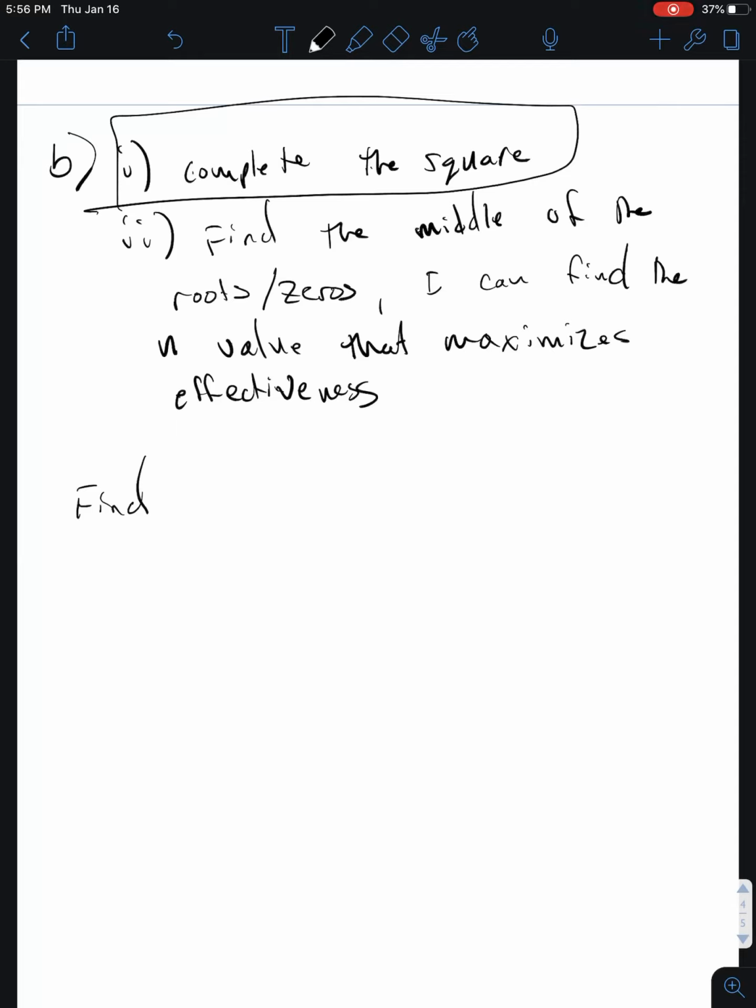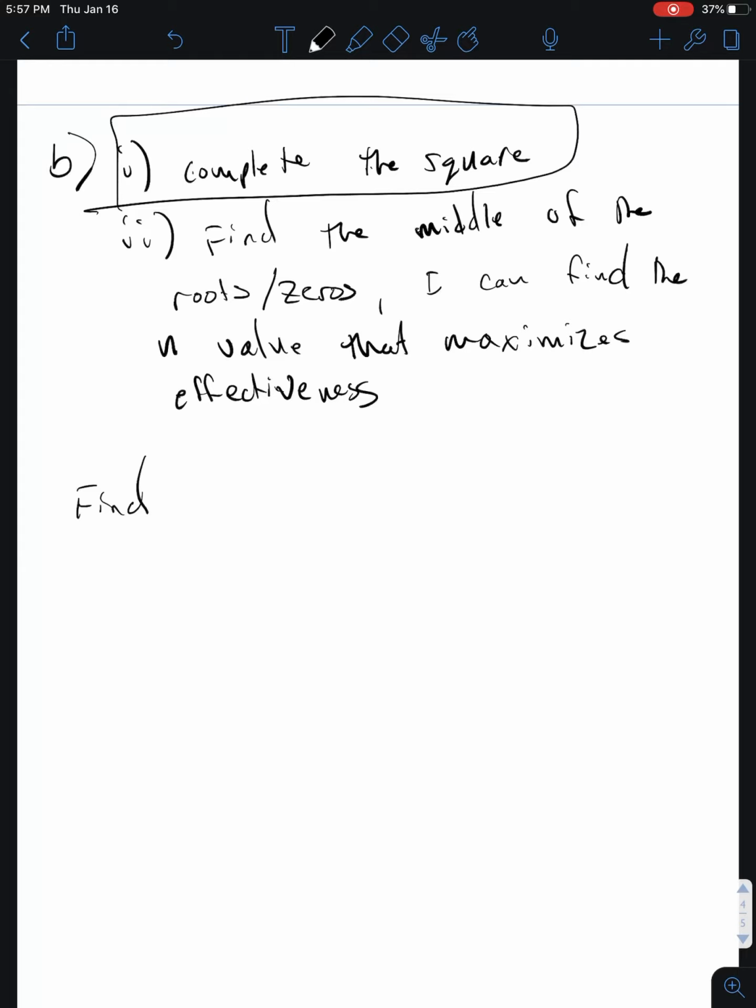11 minus 2 divided by 2. If you were to average your roots, you always add the roots together and divide by 2. In this case, one of them is negative, so you're going to subtract them.